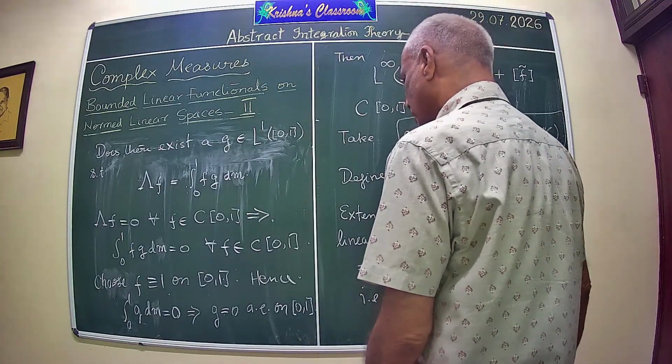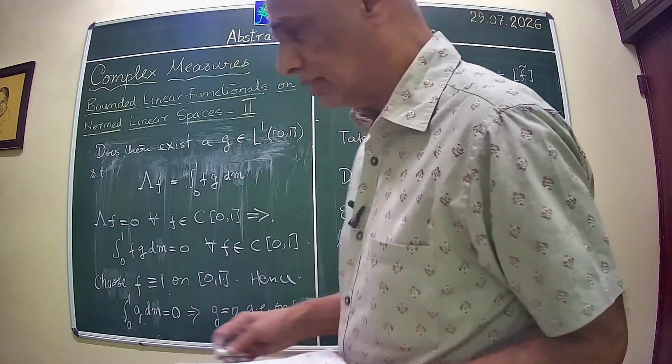G is equal to 0 almost everywhere. What does this mean?